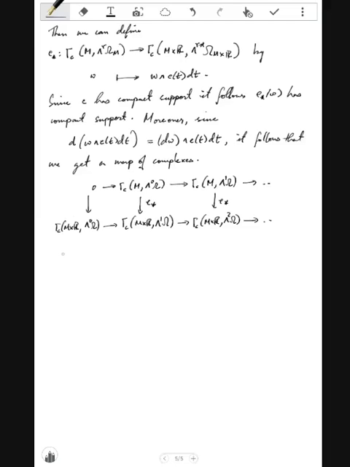Okay, so this induces a map E lower star to H star plus 1 compactly supported of M cross R comma R. So we want to show that E lower star is an isomorphism.